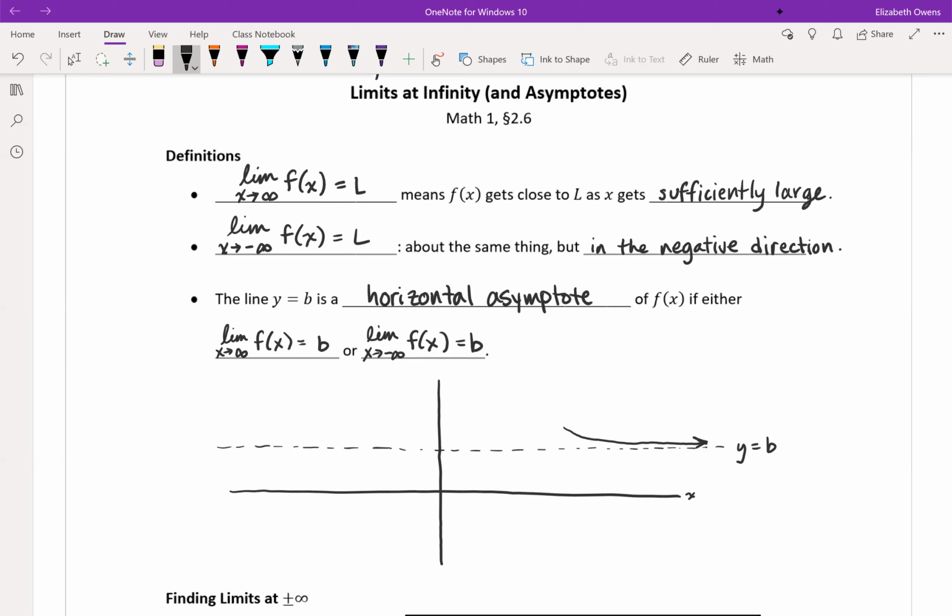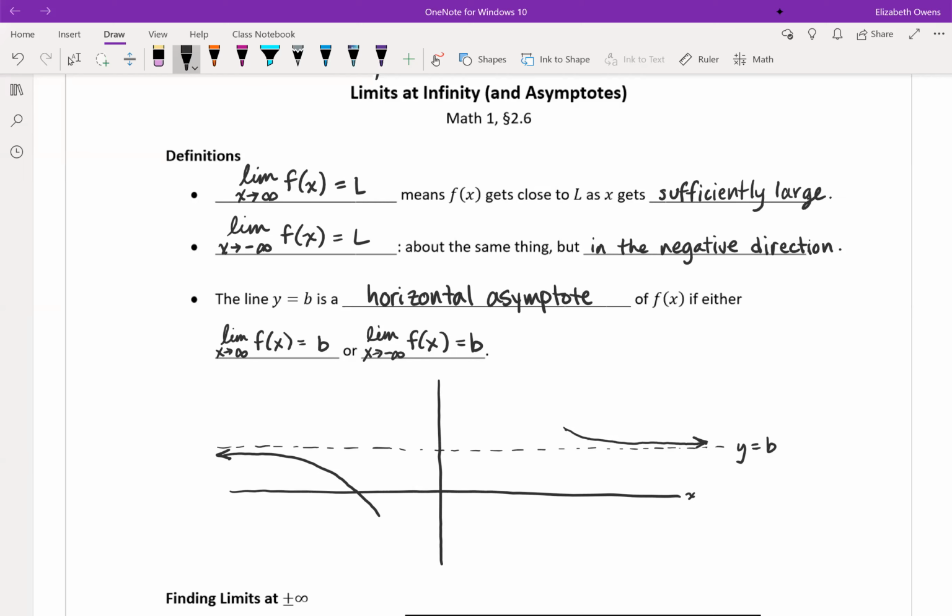All right, so remember that horizontal asymptotes, they can be approached from above like we've drawn here, or they could be approached from below like this. Okay, so that would be as x goes towards negative infinity, f of x is approaching b. All right. And a horizontal asymptote can actually be crossed over, unlike a vertical asymptote.